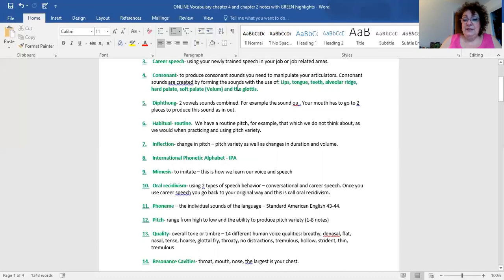So in combination, these articulators make sounds. So our two lips together, b. Our tongue can't make a sound by itself. So let me hook it up with the teeth. Put the tongue between the teeth. Z. Okay, put the tongue to the alveolar ridge. La, ta, da. Okay, put the tongue, not the tip, but the side, to the hard palate.